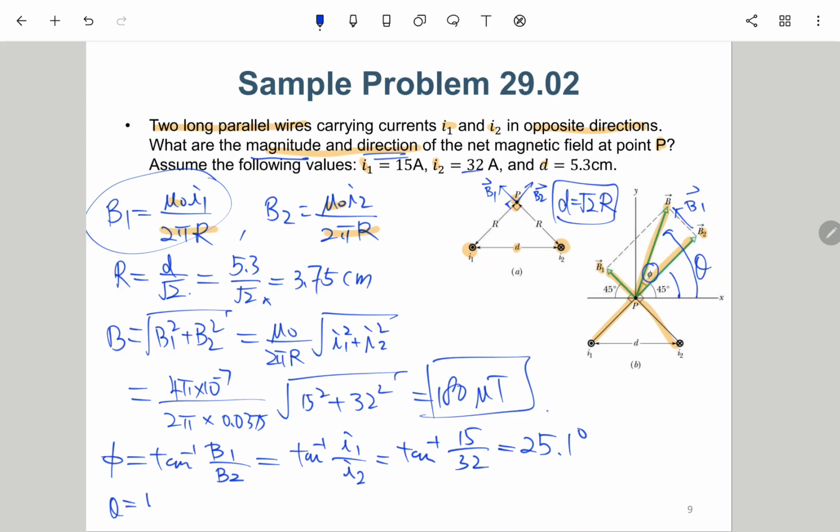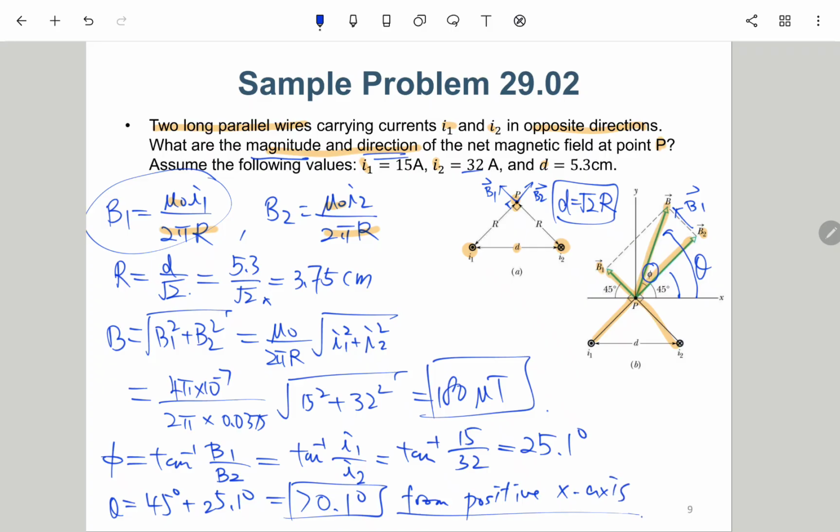So theta will be 45 degrees plus 25.1 degrees, which is 70.1 degrees from the positive x-axis.